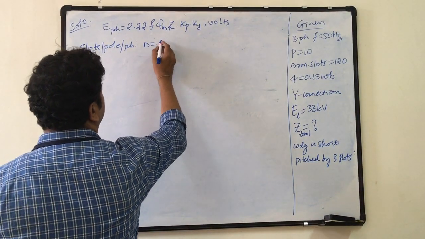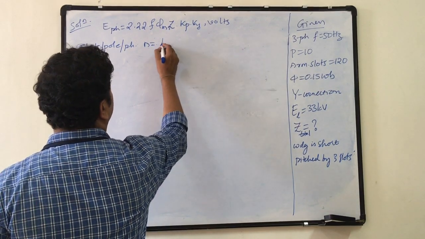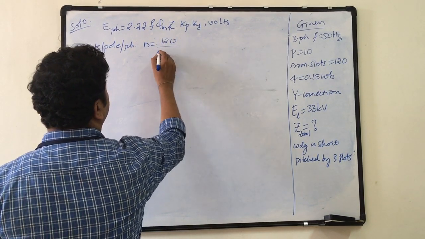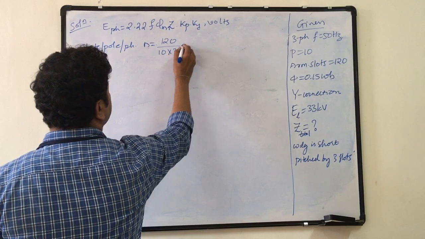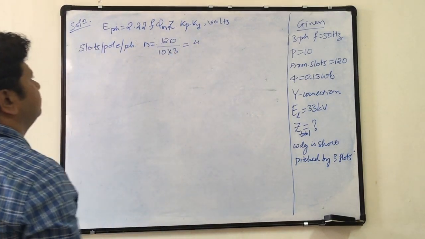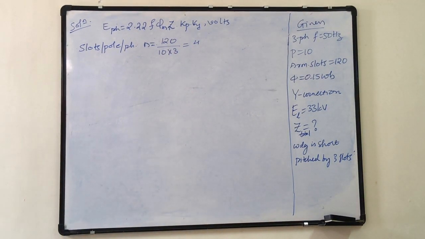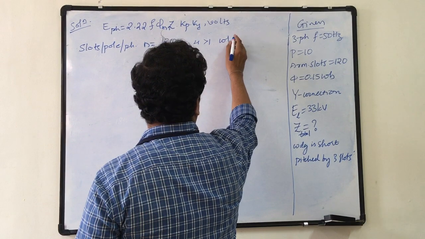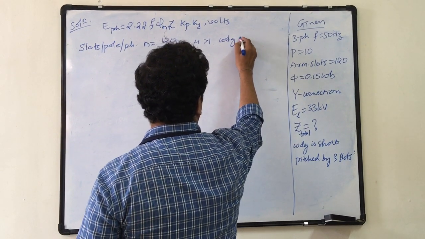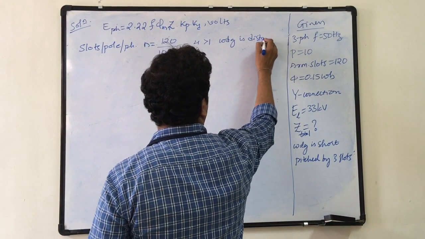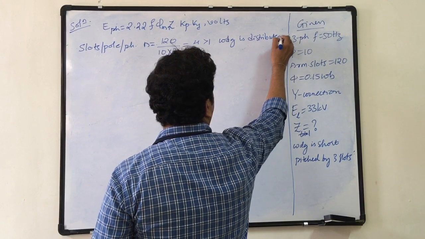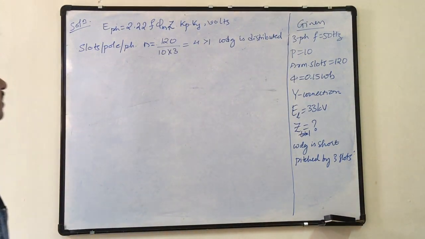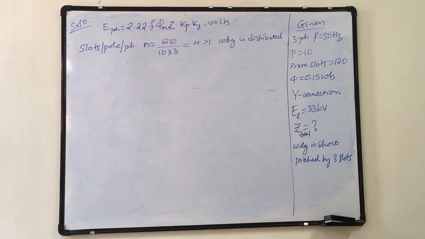So n is slots per pole per phase: 120 slots divided by 10 poles divided by 3 phases, which is equal to 4. It is greater than 1, so the winding is distributed. If the number of slots per pole per phase is greater than 1, then the winding is distributed.